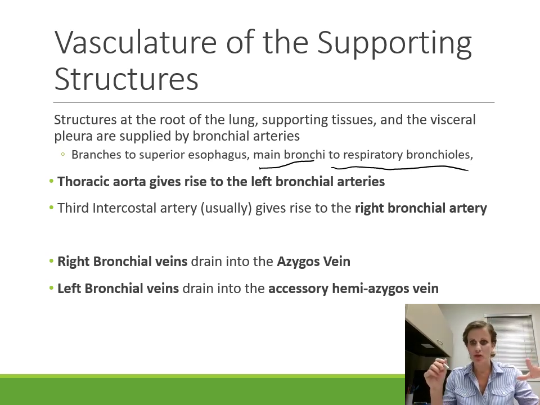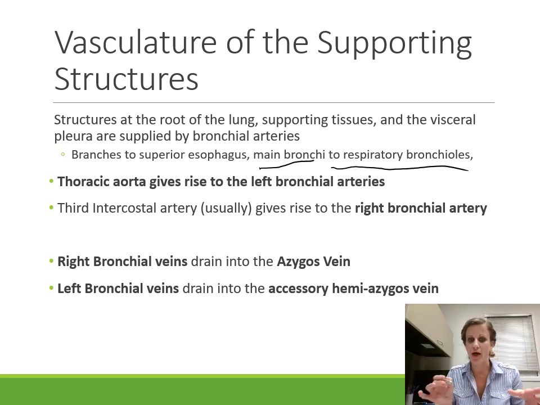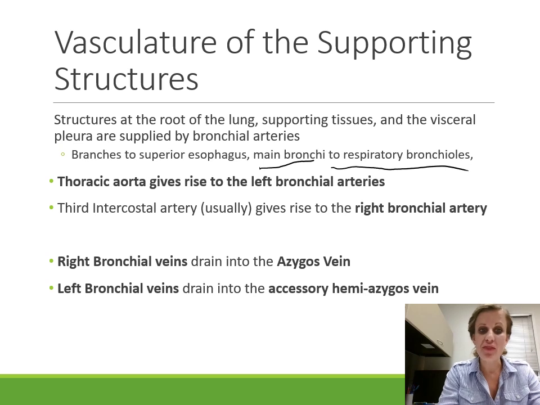So the main bronchi, the lobar bronchi, the segmental bronchi, the respiratory bronchioles, the terminal bronchioles, everything in between receives blood from the bronchial arteries. So where the bronchial arteries come from, the left bronchial artery and the right bronchial artery come from two separate points, usually. The thoracic aorta, right?